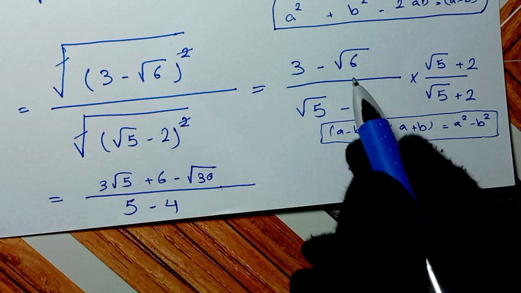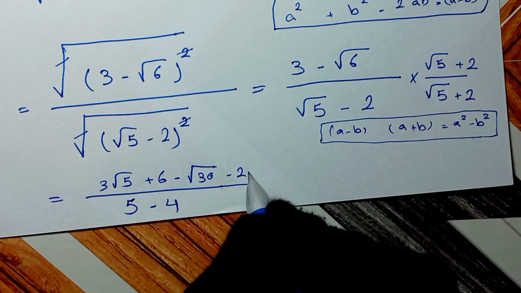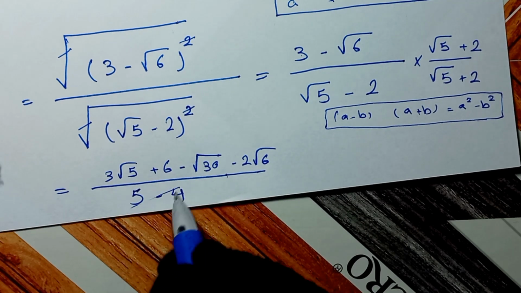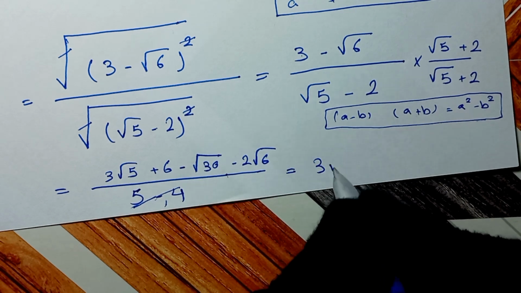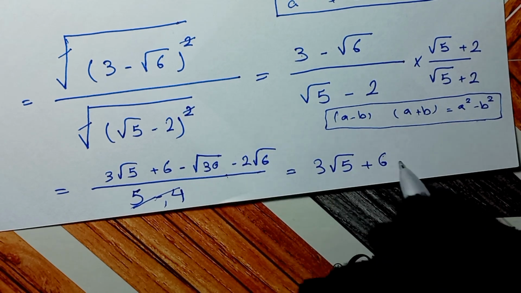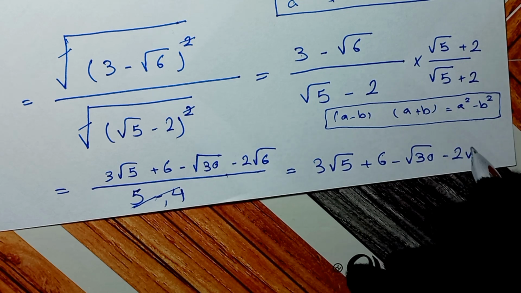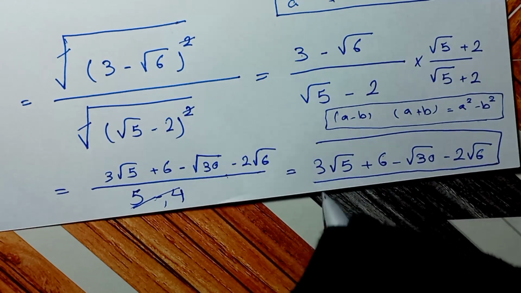And negative square root of 6 times 2, it will be negative 2 square root of 6, right? In here, 5 minus 4, it will be 1. And we have 3 square root of 5 plus 6 minus square root of 30 minus 2 square root of 6. And this is our final answer.